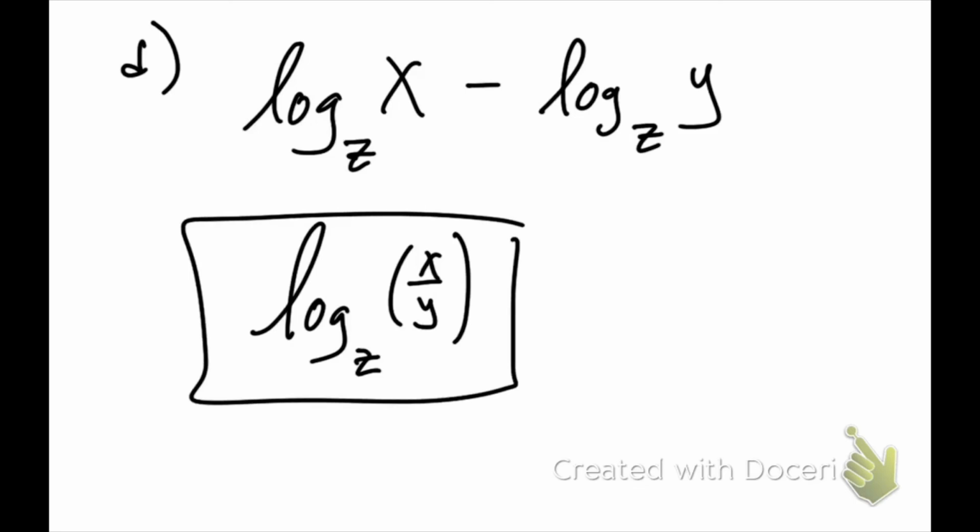Pretty straightforward, pretty easy. Just remember that multiplying is addition for logarithms, and then dividing, this works both ways, the conversion, dividing is subtraction for logarithms. And that's how you make that conversion.